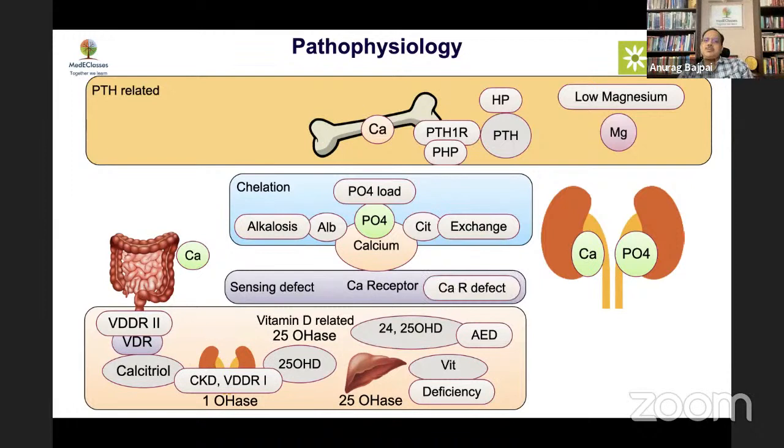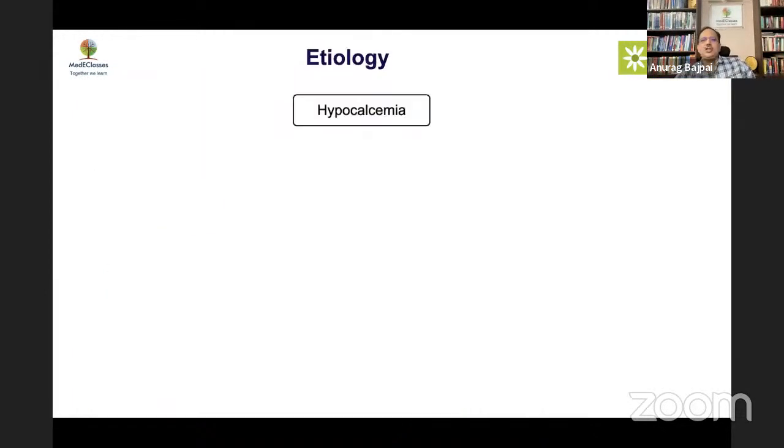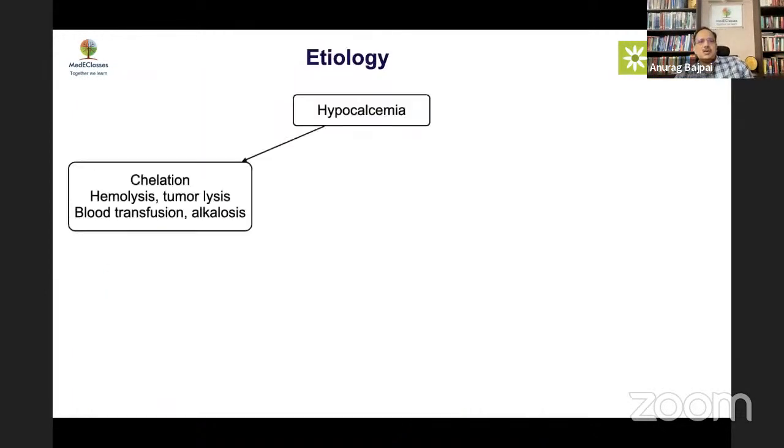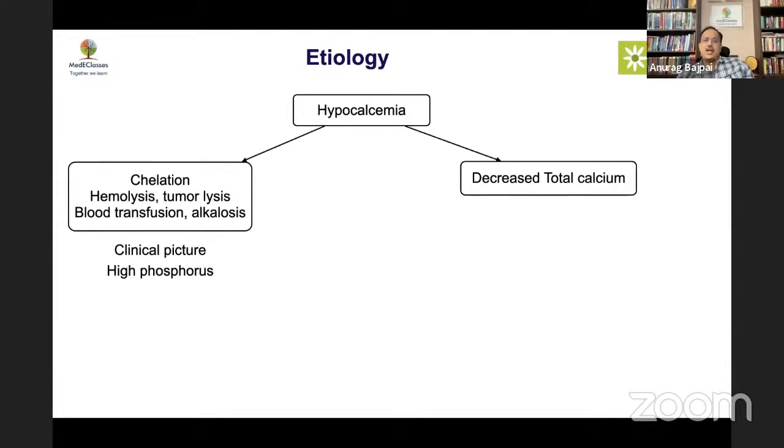Now, the calcium sensing receptor defect, which I've already alluded to, is a very interesting and unique defect in which you will have hypocalcemia with hypercalciuria. So hypocalcemia could be because of ionic deficiency, because of chelation due to hemolysis, tumor lysis, blood transfusion, or alkalosis, in which you will have the classical clinical picture, and phosphorus may be high in that scenario.